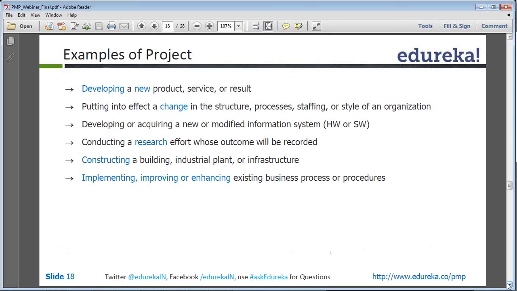So whenever you are taking handover or when you are handing it over to another party or to the client, that transition part you manage as a project because it has a fixed start and fixed end and it creates a unique product or service. So that part is project management, whereas the continuous activity is not project management.